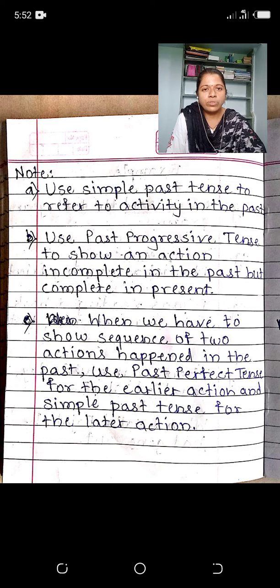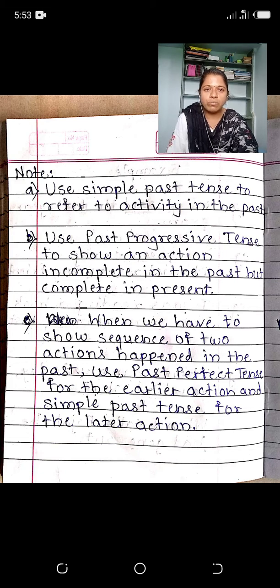And when we have to use past perfect tense, see, when we have to show the sequence of two actions that happened in the past. When you want to refer to two actions in the past and you want to show the sequence of those actions, there see what you have to do. Use past perfect tense for the earlier action.